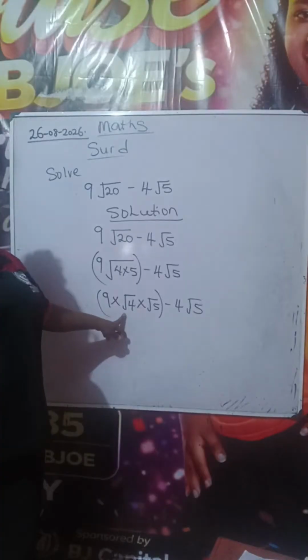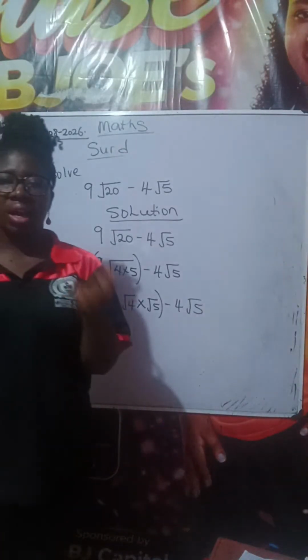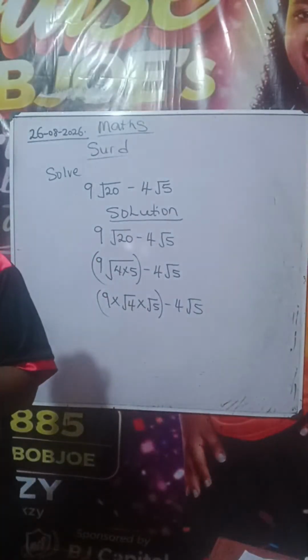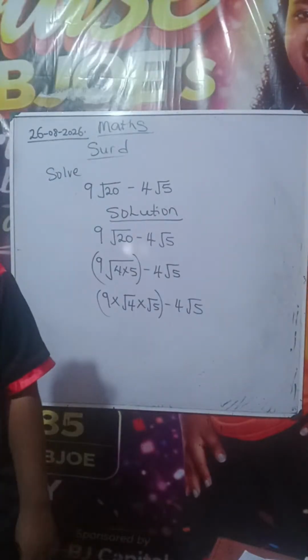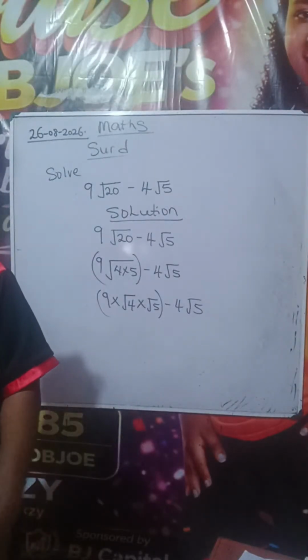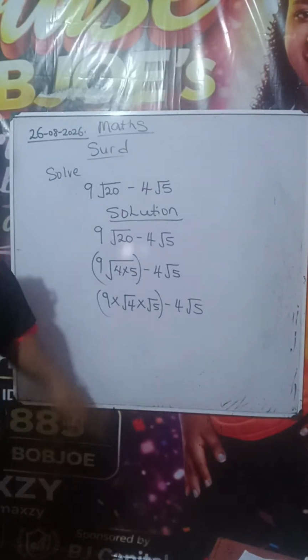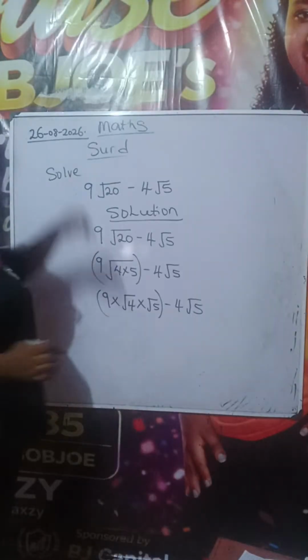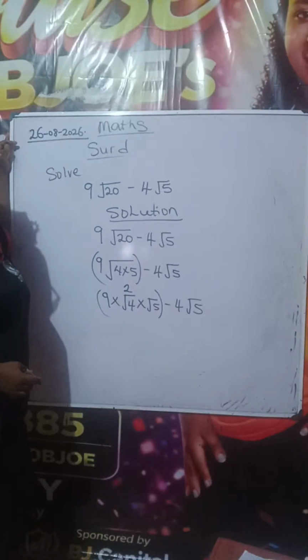Now what is the square root of 4? Does it have a perfect square root? Four. So the square root of 4 will give us 2. Good job. So I have 2 here. Then what next again?